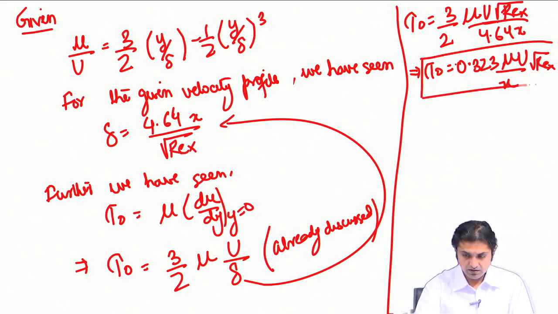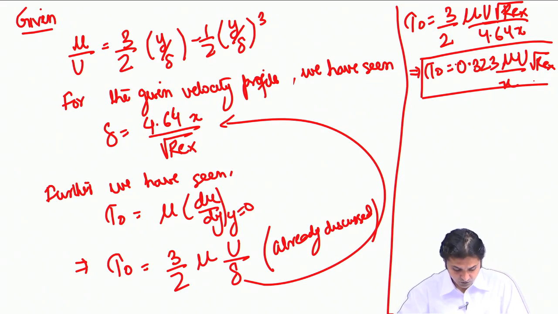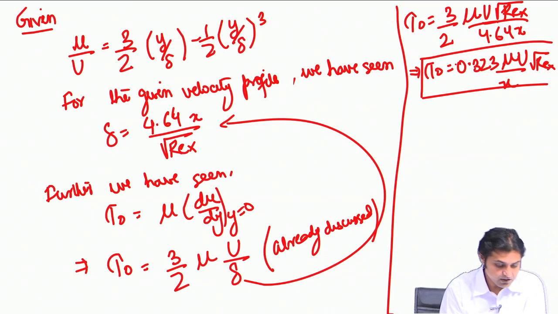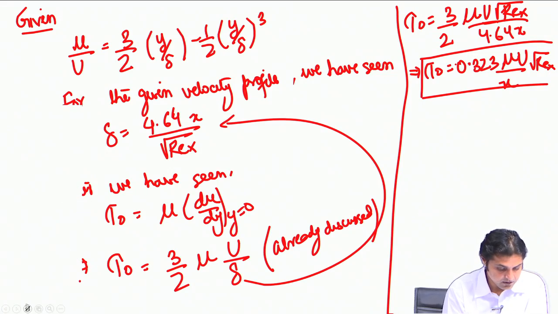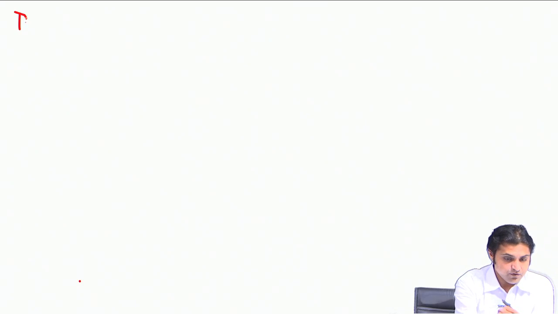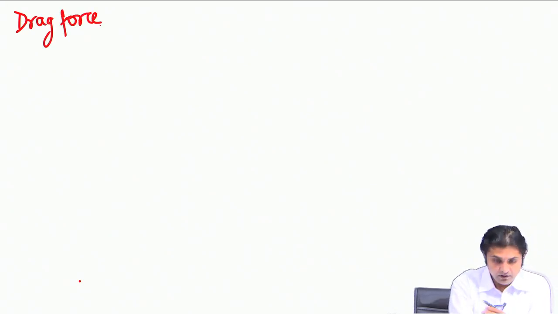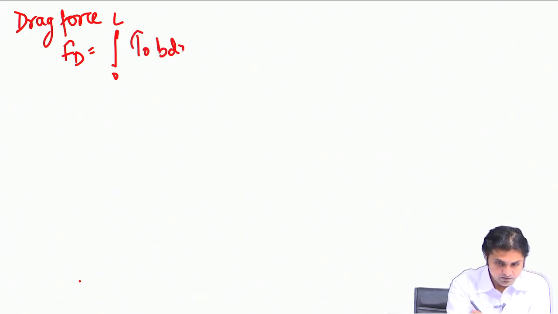Now, the second part is how do we find the drag force? Very simple, we have laid down the procedure. Drag force Fd can be found using integral 0 to L tau naught b dx.